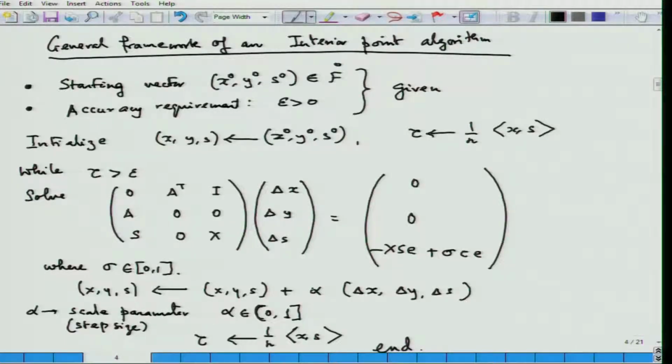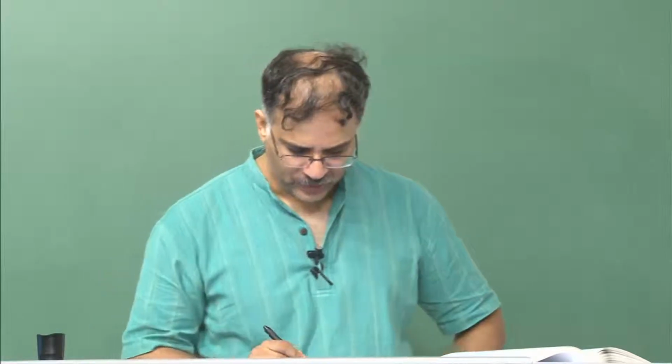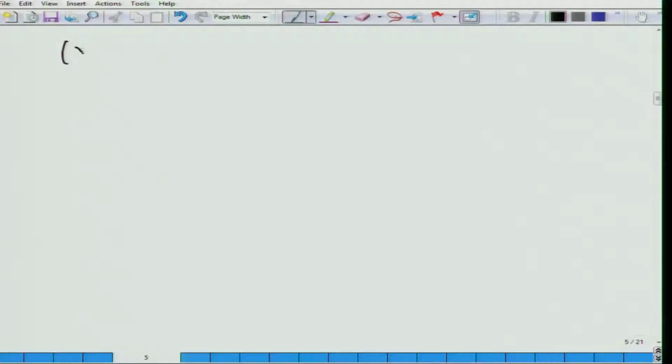When I am not writing an algorithm, you can write these assignment parameters so it looks like a program, but in general people would write x alpha or x plus, it does not matter, y alpha, s alpha, which is nothing but x, y, s plus alpha times delta x, delta y, delta s.